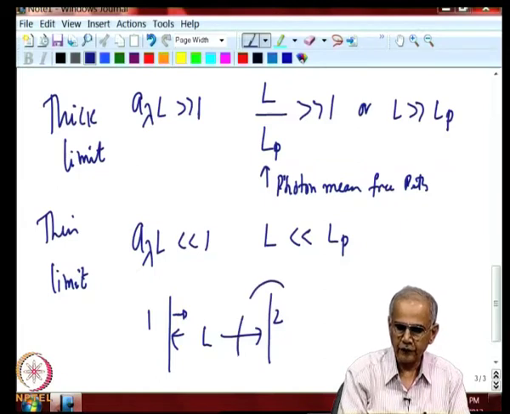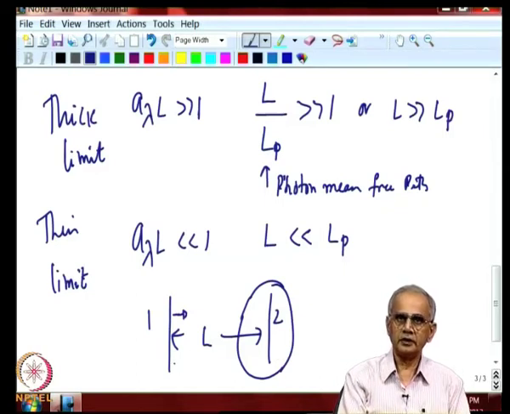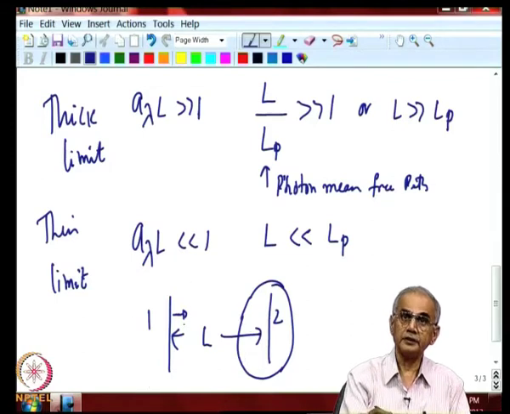So, the surface 2 here will not actually see radiation emitted by surface 1, but will only be looking at those photons which are within a distance of the mean free path of this layer. So, you can imagine that in this situation, the radiative heat flux arriving at this surface is controlled by what is happening in this region and is independent of that region.